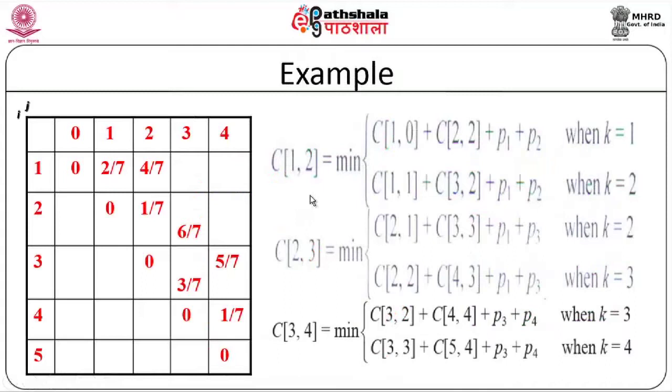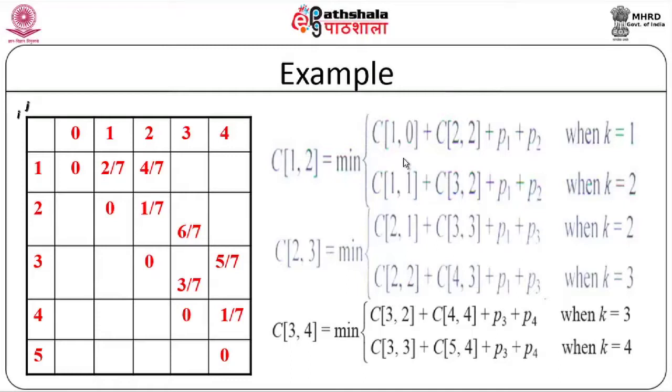You can see exactly how it is happening. It is going to be the application of the recursive function, which we have seen already. So, it is going to be C of 1 comma 0 plus C of 2 comma 2, then we have the summation of P m, where m ranges from 1 to n.